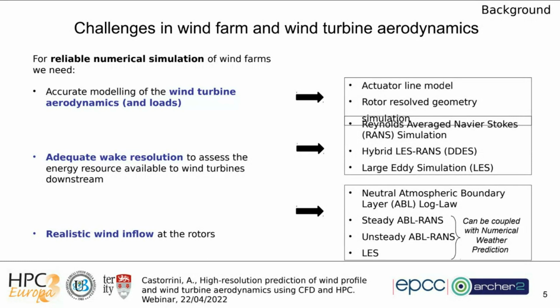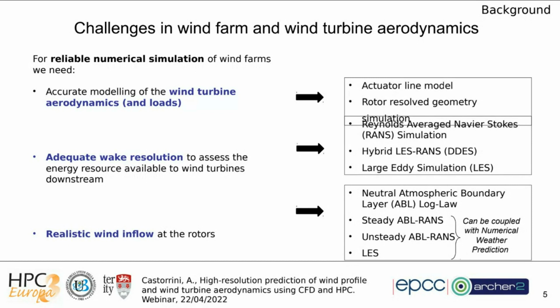Of course, rotor resolved geometry means that we create an accurate model of all the geometry, and we don't use a simplification of the turbine in the simulation. So that's why we can use that as a reference to check and to verify the accuracy of the low order model.